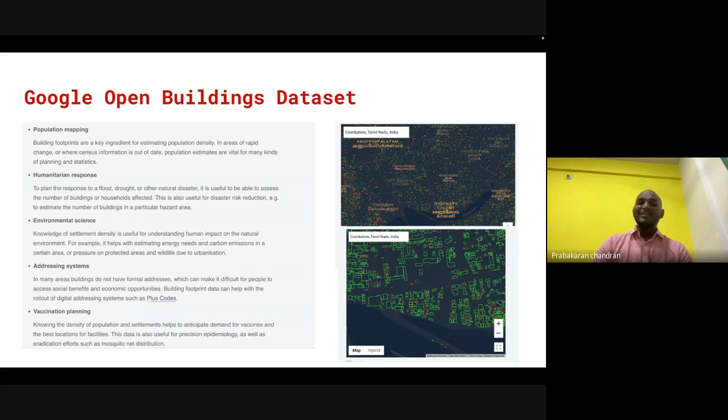We can do population monitoring, where we can estimate population density, and this would help commercially and the municipality too. They can use it for things like vaccination planning, or if they are running campaigns, or if they want to build government institutes or government initiatives, it can help them identify.